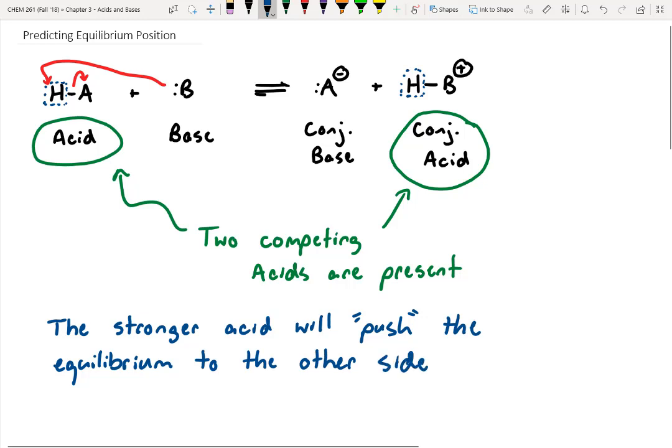So for example, if HA is a stronger acid than our conjugate acid HB+, that means the equilibrium is going to favor the product side. But if HB+, that conjugate acid, is stronger than HA, then the starting material side will be favored over the product side. So we have to think about that.